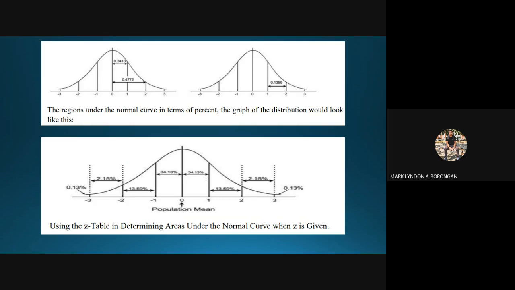So the regions under the normal curve in terms of percent and the graph of the distribution would look like this. The area near the mean would be 0.34 for each side. As I've stated earlier, the normal curve is symmetrical from the mean, so it has mirror image characteristics. Whatever is on the left is also on the right. If it is 0.34 here, it is 0.34 there. And 0.13 from 1 to 2 on both sides. That is how we get the areas under the normal curve when z is given.